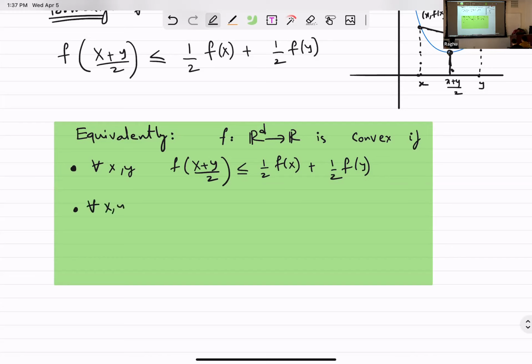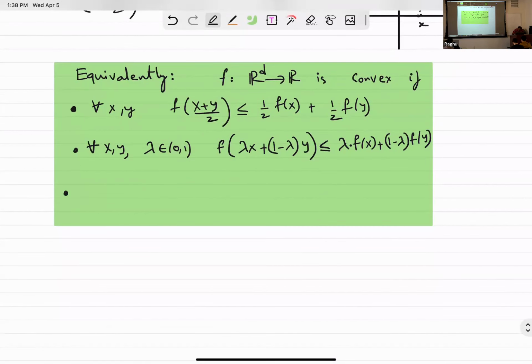So for all X comma Y and lambda between 0 and 1, evaluating at a point which is lambda fraction of X and 1 minus lambda fraction of Y is at most the corresponding combination of the values.